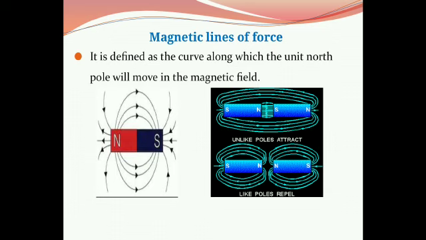In the second diagram, first we consider two unlike poles, and we know that unlike poles attract each other, but when like poles are considered, they repel each other. And therefore magnetic line of force is defined as the curve along which a unit north pole will move in a magnetic field.